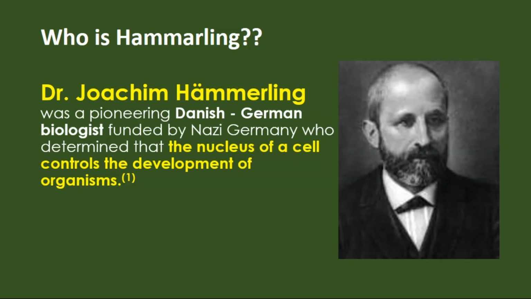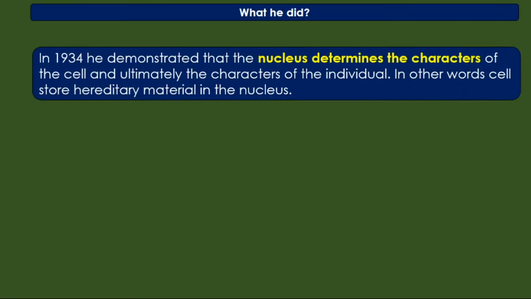Now, how did he demonstrate that the nucleus controls the development of an alga, or the development of an organism? In 1934, he demonstrated that the nucleus determines the character of a cell, and ultimately the characters of the individual.